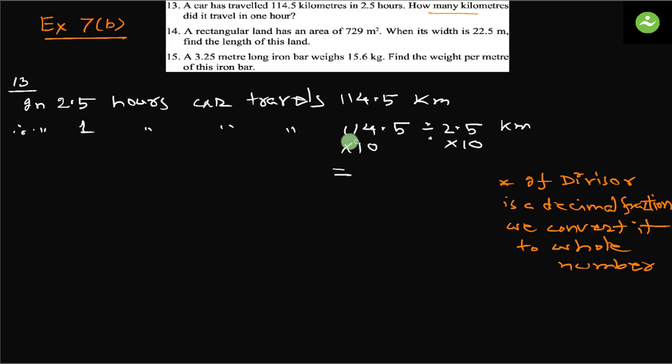What is the value now of the dividend? The value is 114, and the decimal point will shift one digit right. So it will be 1145. Let us try dividing vertically. 1145 divided by 25. 4 into 25, 100. 1, 4, and 5.